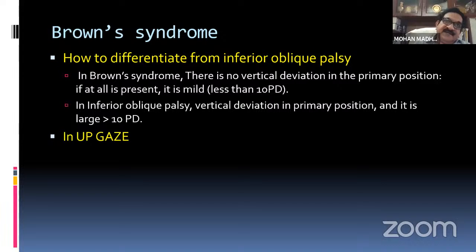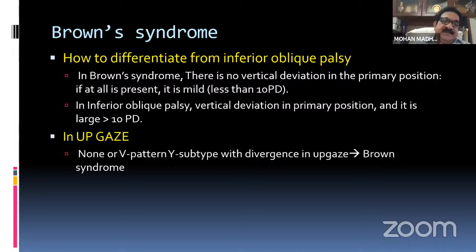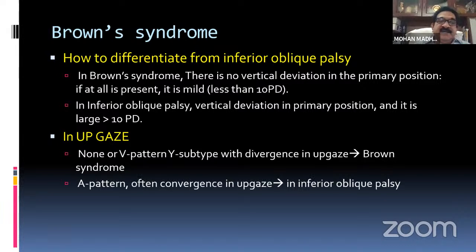Then another important thing, which is really difficult to understand, but I'll make you understand: in Brown syndrome there is a V pattern or Y pattern of divergence on looking up. The eyes will diverge. On the other hand, in inferior oblique palsy, the eyes will converge.